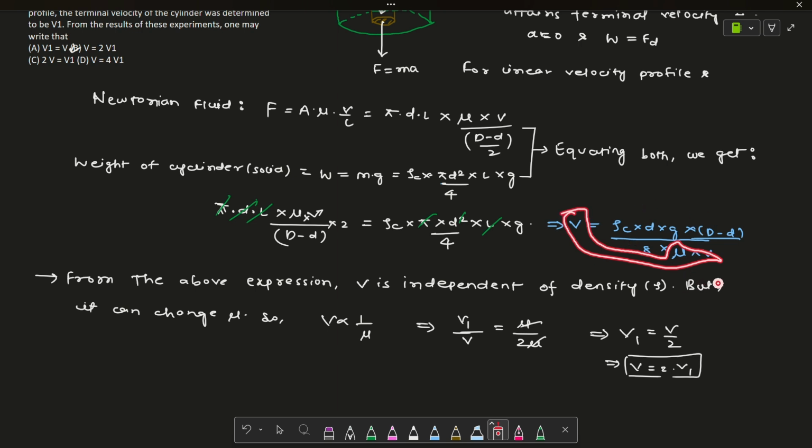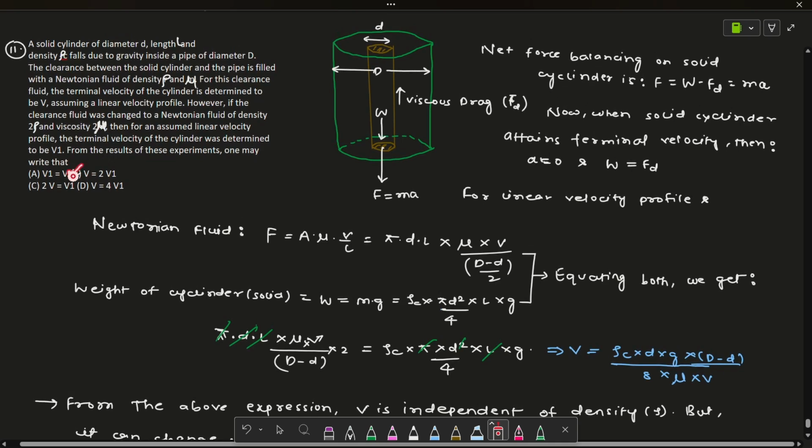All other things remain constant, but V is inversely proportional to the viscosity. So I have written the final velocity divided by the initial velocity equal to the initial viscosity divided by the final viscosity, and I got V equal to 2 into V1. So option B is correct here.